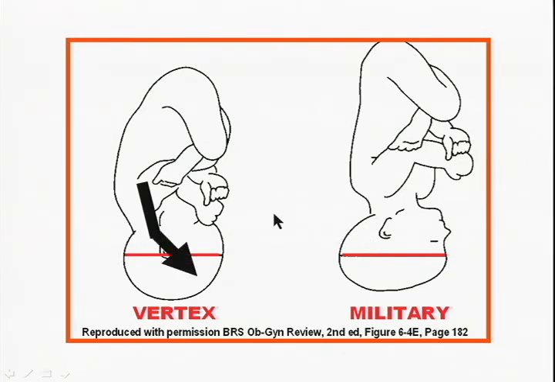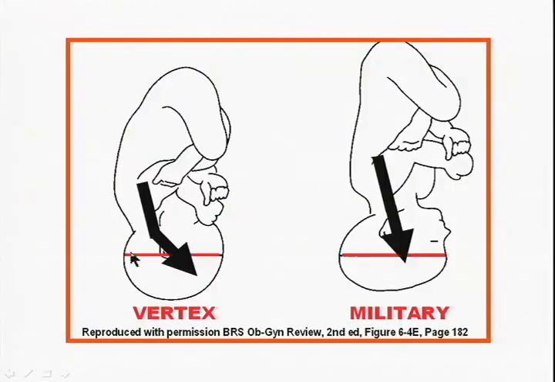Notice the head is flexed. Military, the head is straight, like a soldier who is standing at attention. I want you to notice the diameter of the head when it is flexed, the diameter when it is military. It takes more space, a wider diameter for a military. And so what will typically happen is a military will convert to a vertex.